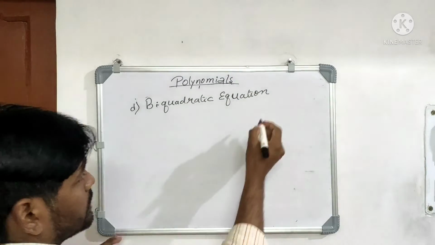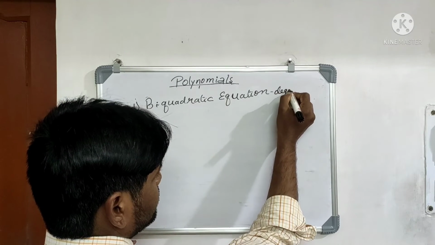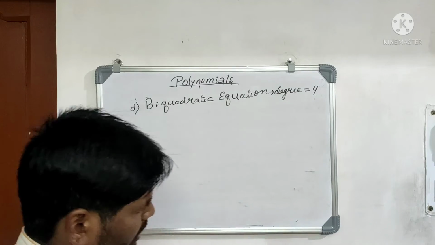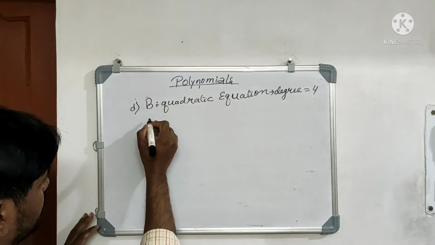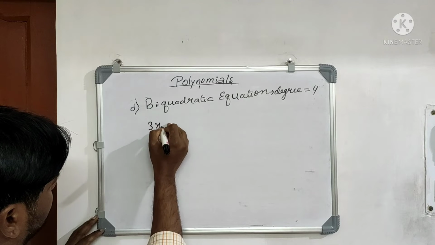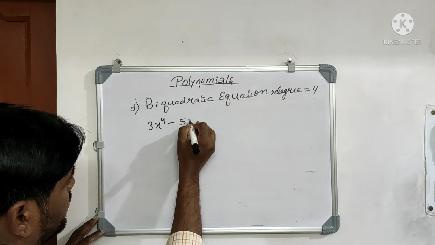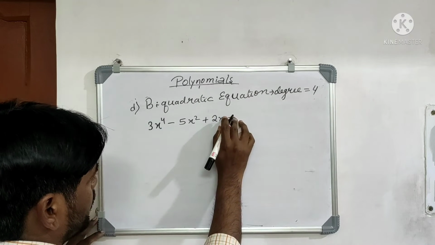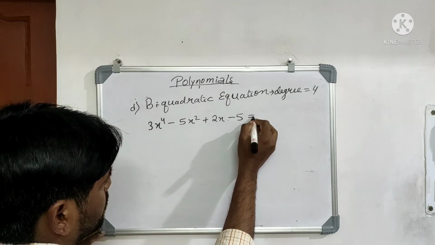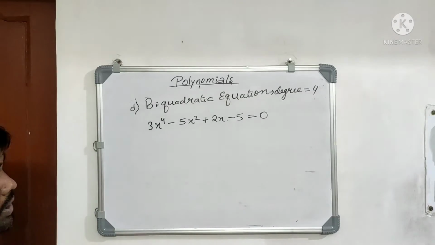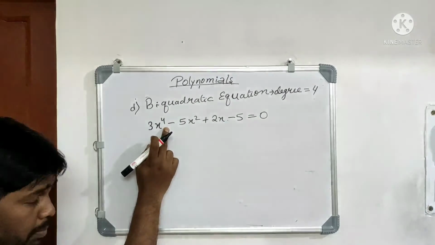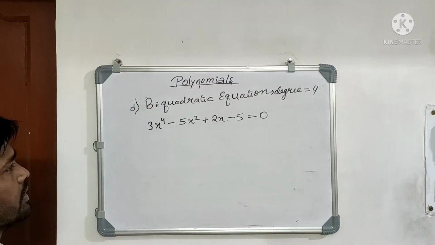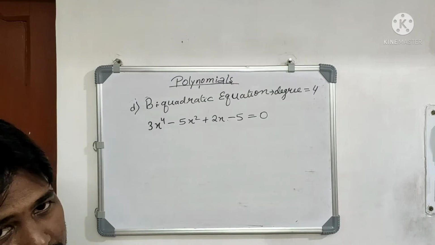Biquadratic equations are the equations where the degree is equal to 4. Likewise, 3x to the power 4 minus 5x square plus 2x minus 5 is equal to 0. Such an equation has the highest power of the variable x equal to 4. This is an example of a biquadratic equation.